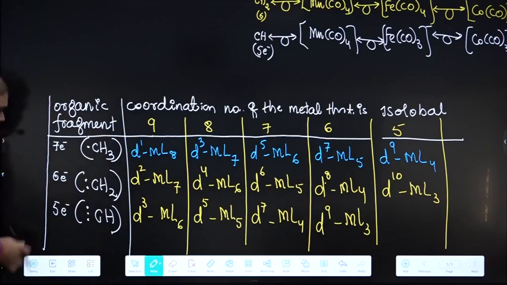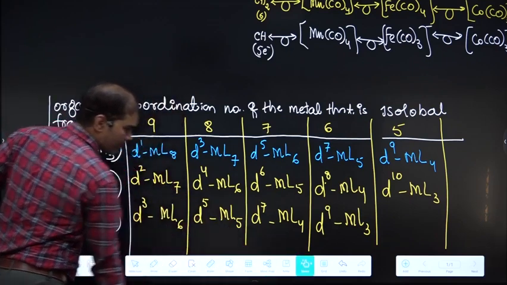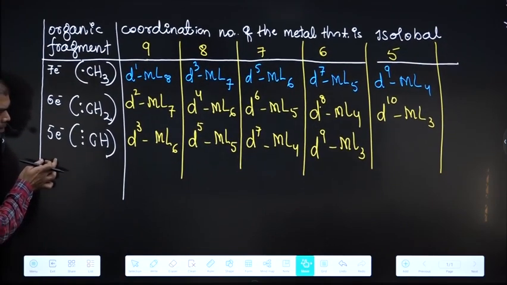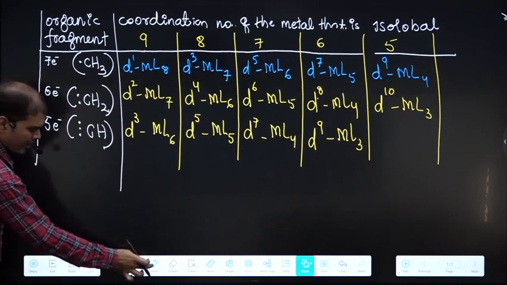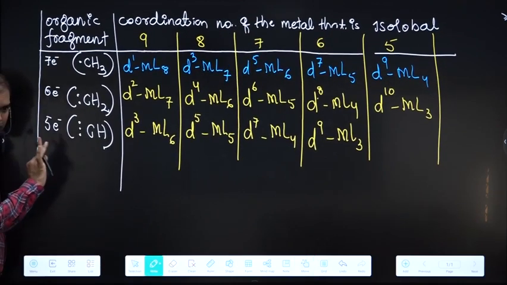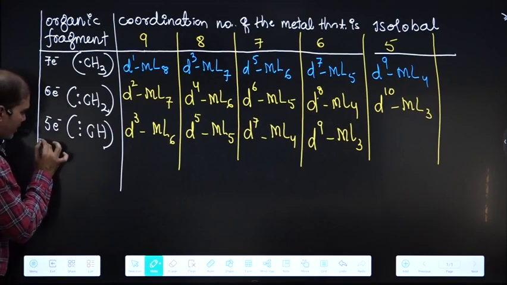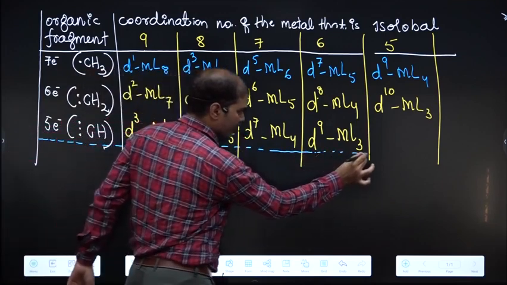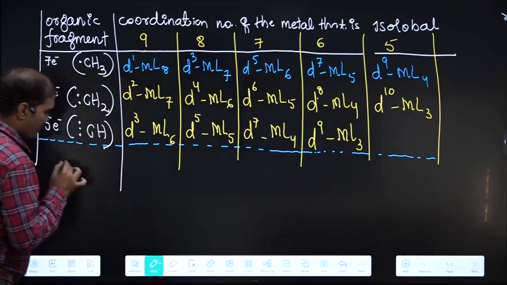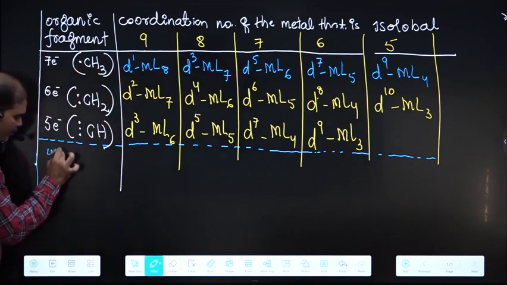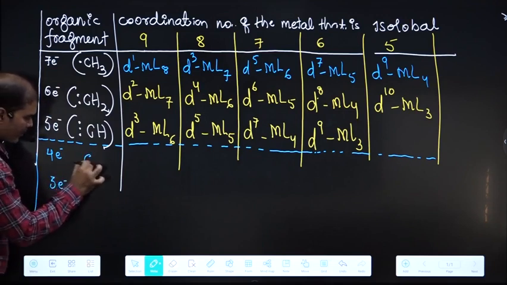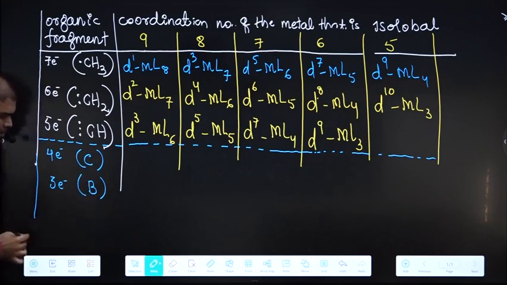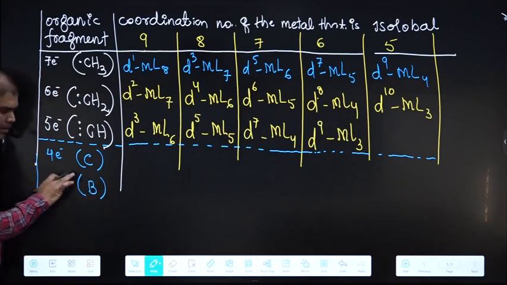Okay. What I'll do is I'll just extend it a little bit for our understanding purpose. But up till this only it has been given in the literature. Okay. For our understanding, whatever I am putting, it is just for our understanding. I am taking a 4 electron system, I am also taking a 3 electron system. I am taking 4 electron as a carbon, I am taking 3 electron as a simple boron. Okay, a boron is a 3 electron system.